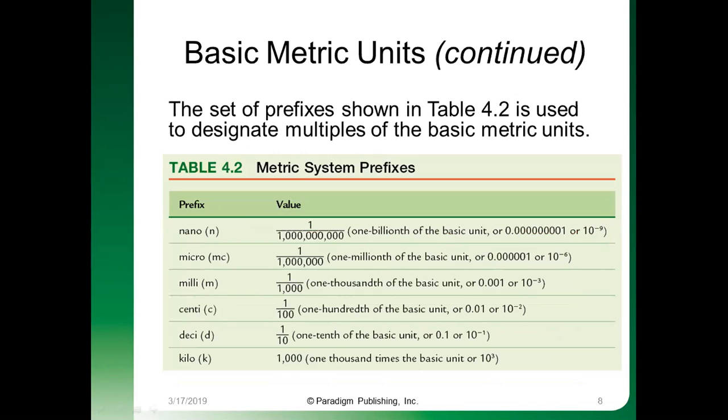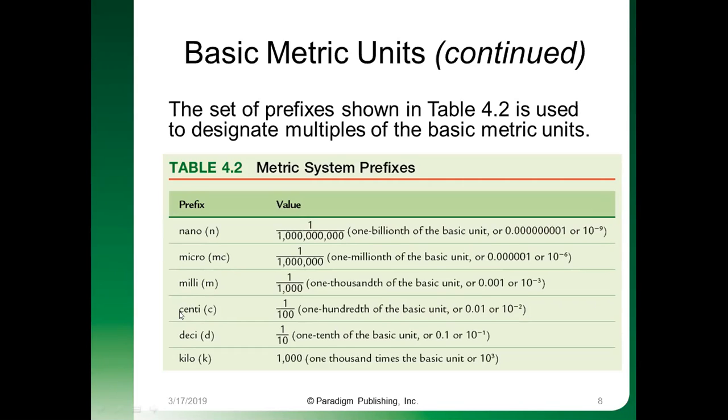The set of prefixes shown in table 4.2 is used to designate multiples of the basic metric unit. So here's a prefix, nano, abbreviation N. Micro, MC.